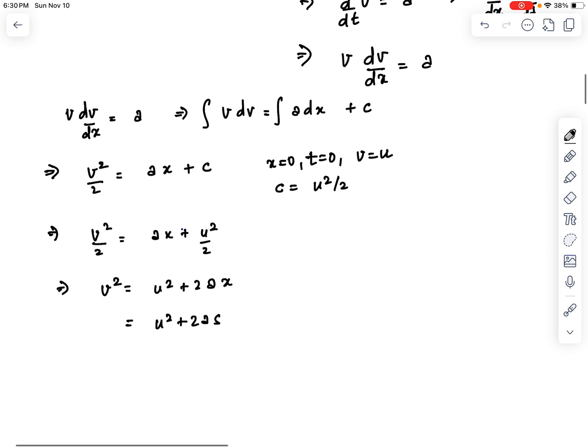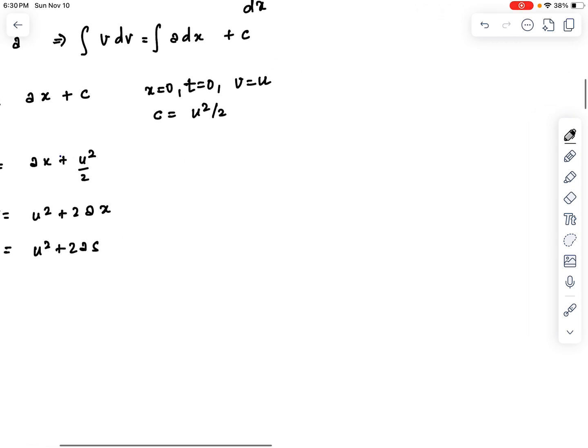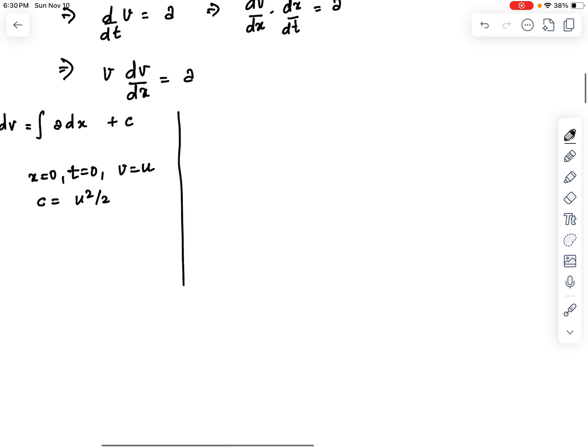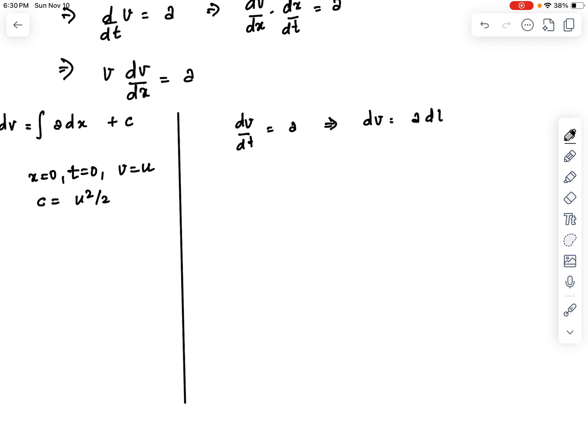Okay, so let's look at another equation to derive, and here we know that dv over dt equals a. Okay, so we multiply by dt on both sides. dv equals a times dt, and we integrate. We add a constant to the right.